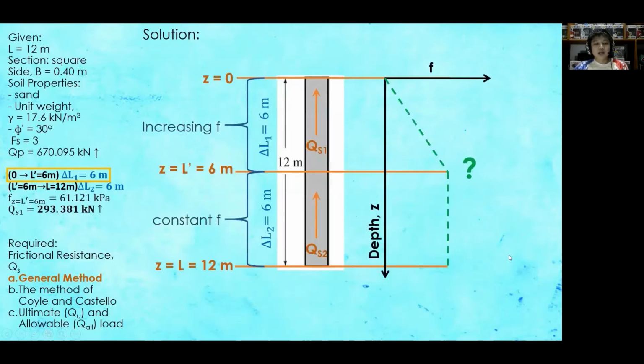So for the updated unit friction, it will increase until L prime, that is 6 meters, to about 61.121 kilopascals, and it will be constant up to the tip of our footing.